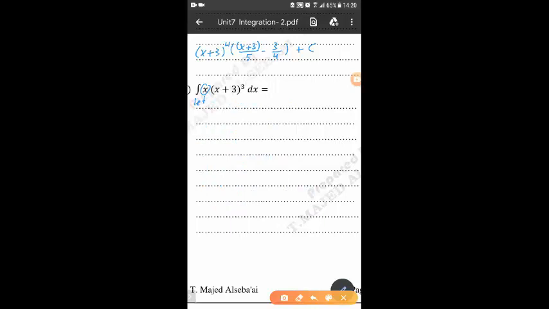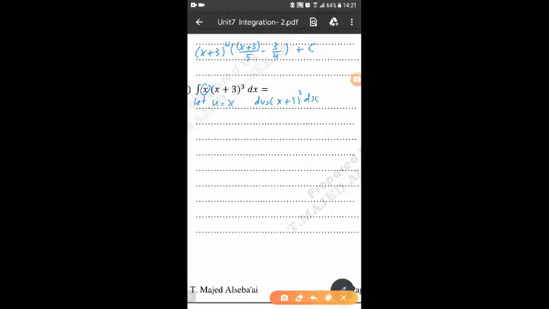Let's just see, will we get the same answer or not? I will say, let u be x and dv equal (x plus 3) to the power of 3 dx. Are you with me?